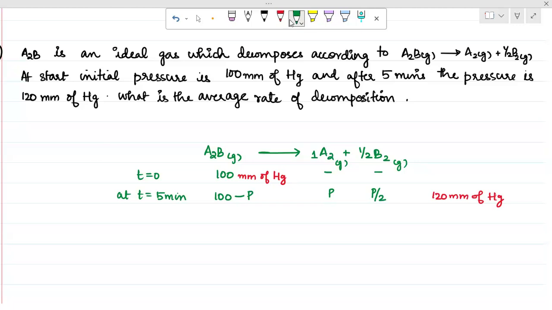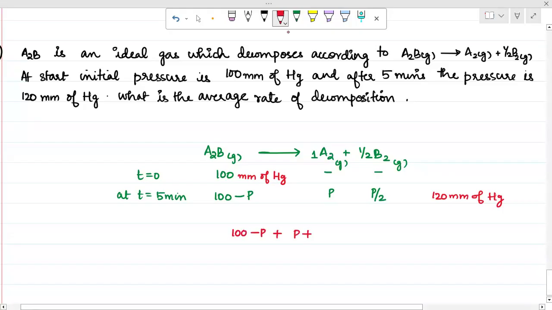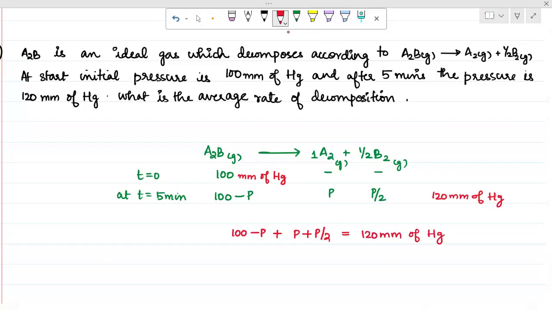So what can I write? Can't I write it like this? The pressure of reactant is 100 minus P. Pressure of the products is P plus P by 2. So the total pressure of all the gaseous components is equal to 120. Got it?